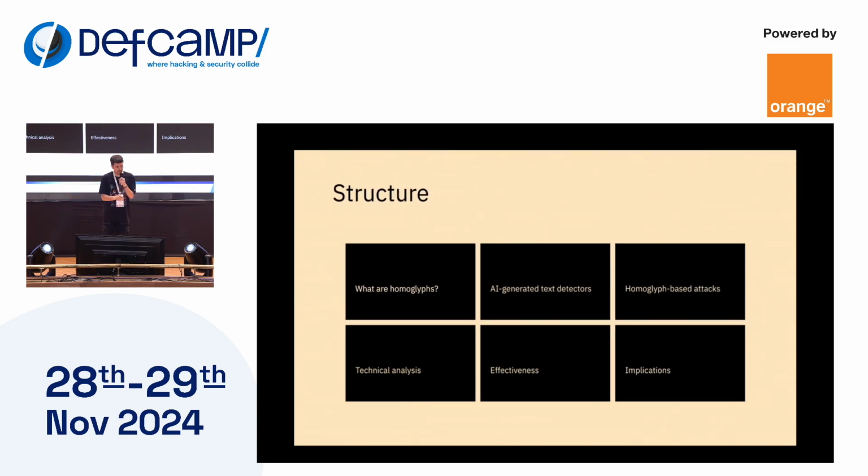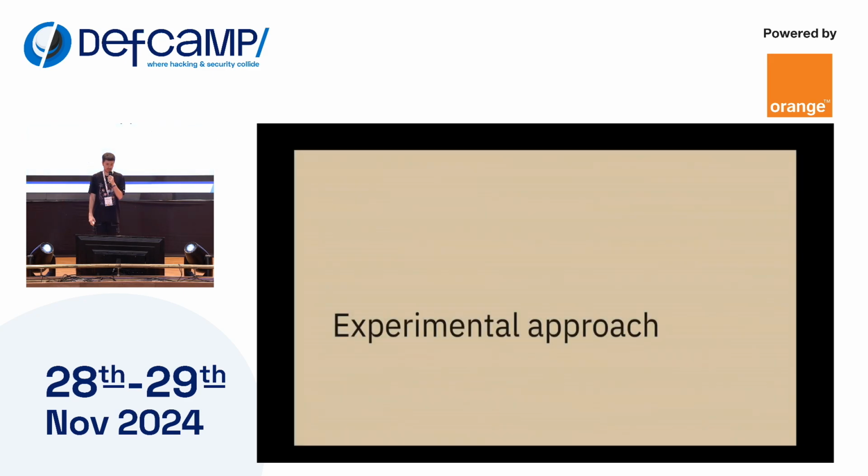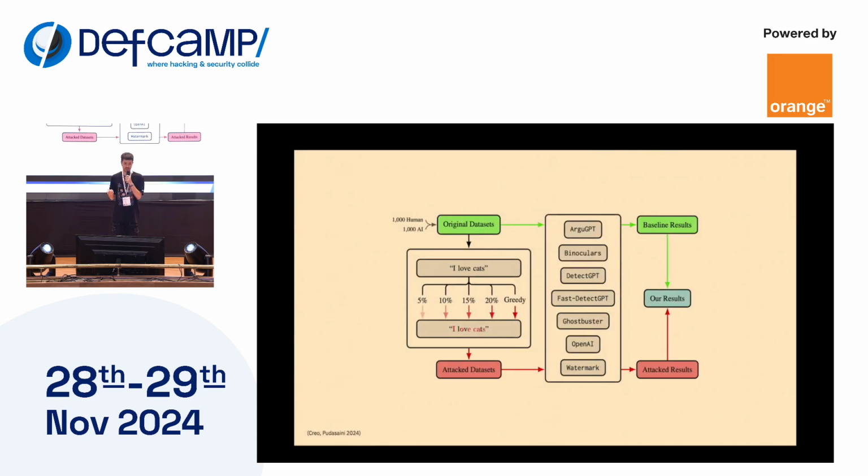Now the question is, it looks like this would be effective, but how much? What are the numbers here? Is it effective in, I don't know, 50% of the cases, 60, 70? Well, I'll tell you now. So what I was doing here, basically, I tried this technique on a data set of 2,000 texts.